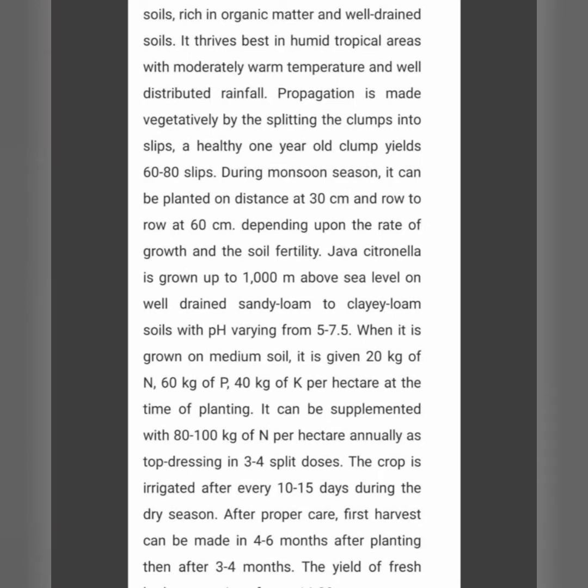The Java Citronella is grown 1000 meters above sea level on a well drained sandy loam to clayey loam with a pH of 5 to 7.5, whereas this plant has to be supplemented with nitrogen and other fertilizers.